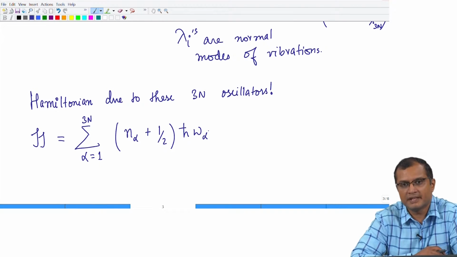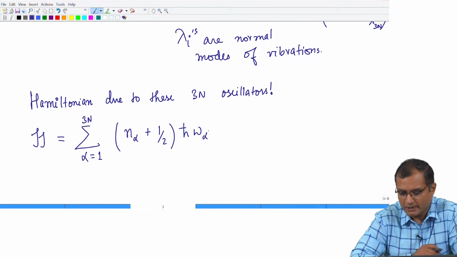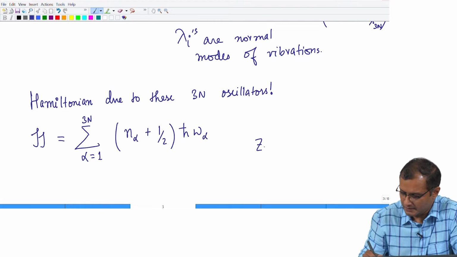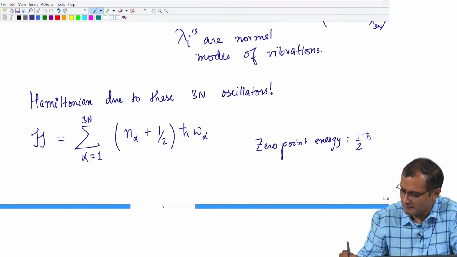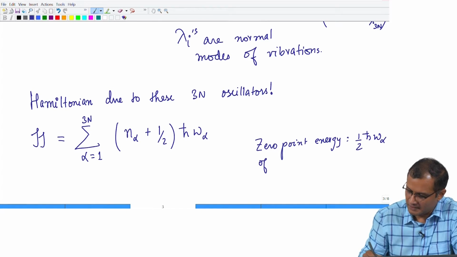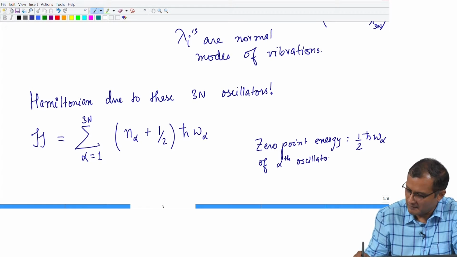So, here the half h cut omega is the 0 point energy of the oscillator, and this is the 0 point energy of the alpha oscillator.